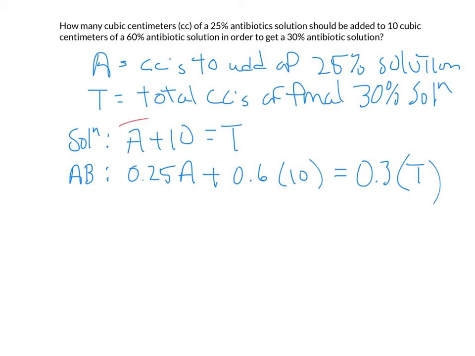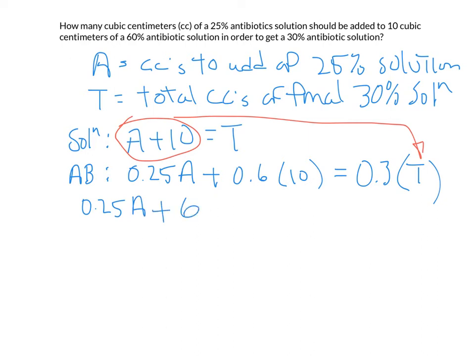However, we can certainly substitute A plus 10 in for T, and that gives us one equation with one variable. So we're going to get 0.25A plus 6, which is 60% of 10, of course, equals 0.3 times A plus 10.